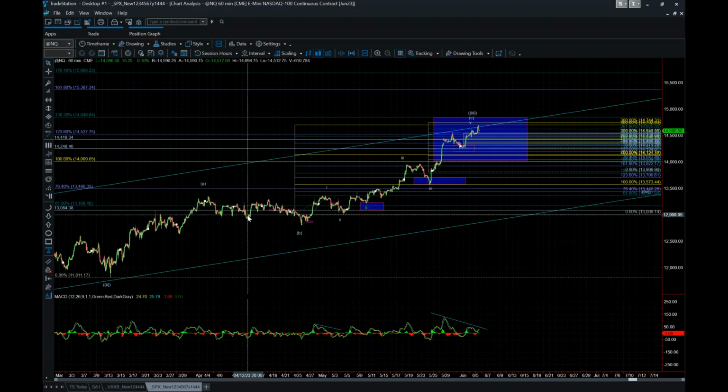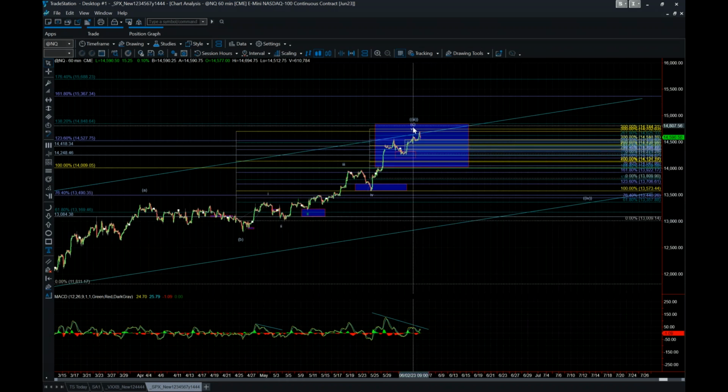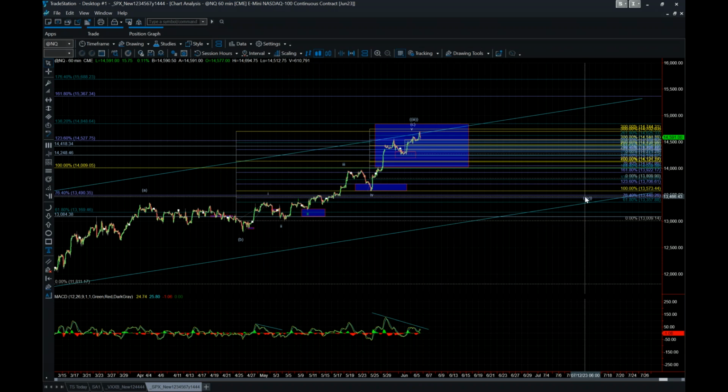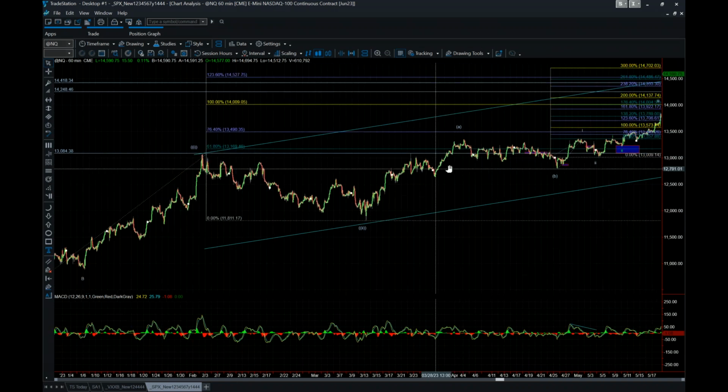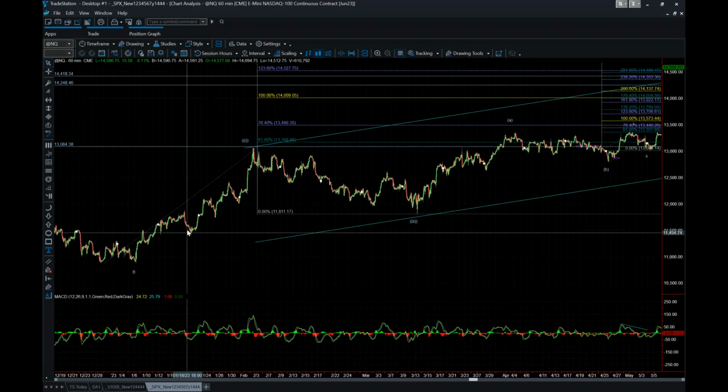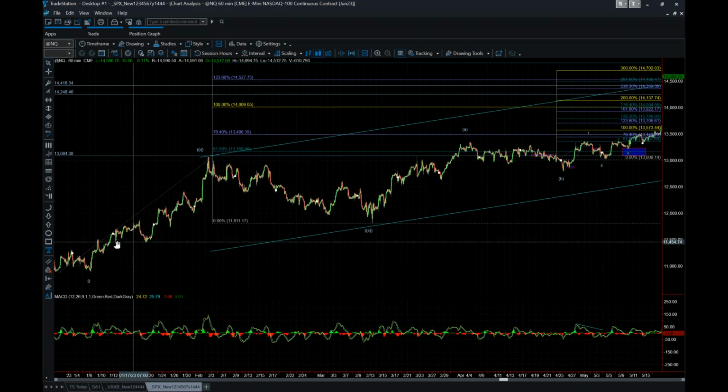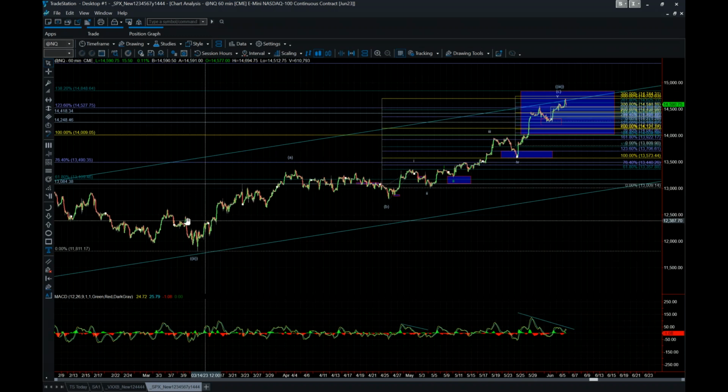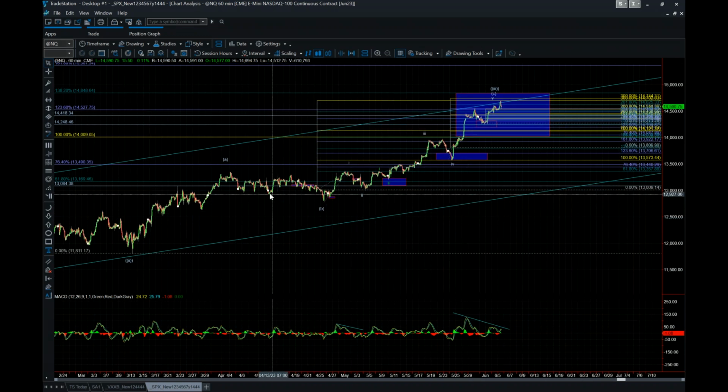Also looking at a larger diagonal, and this is what I was saying. This looks like a larger diagonal to me, where this wave 3 is topping here, and potentially getting a larger wave 4 down to 13,500-ish. It's just kind of what looks best to me. Again, it's very sloppy action up off the lows here, but that's just kind of how this counts best to me.